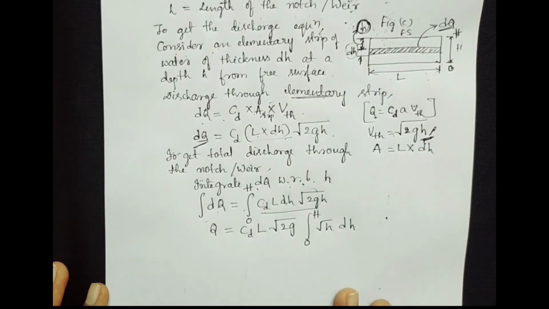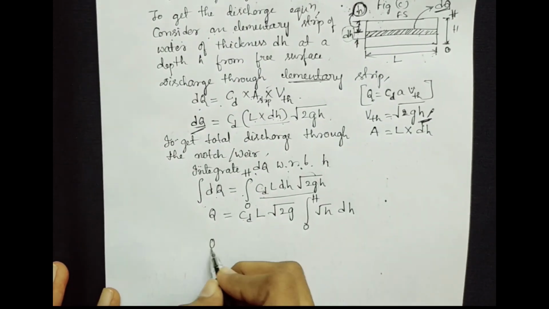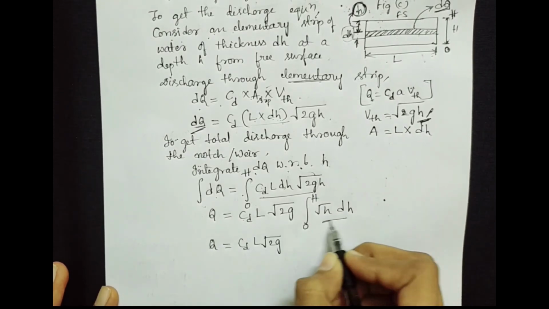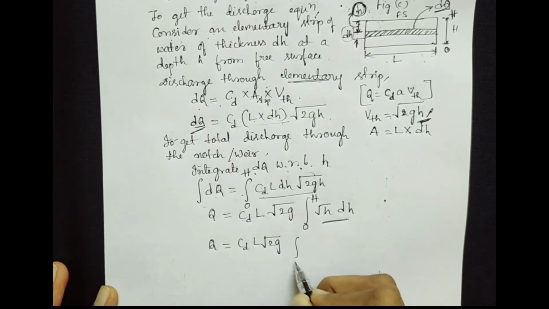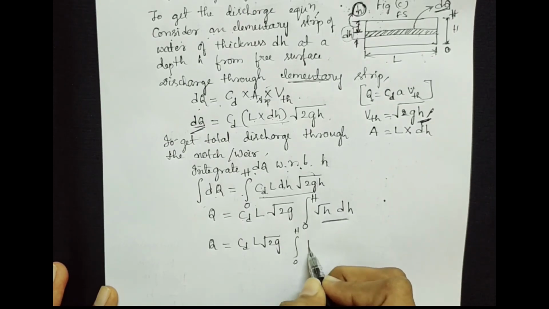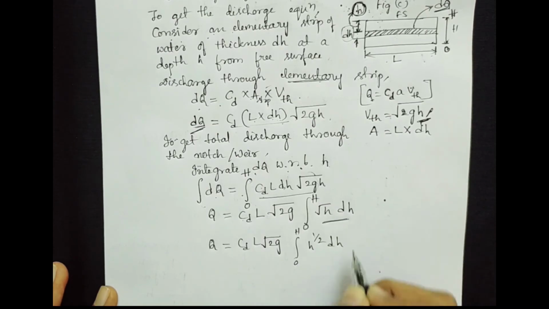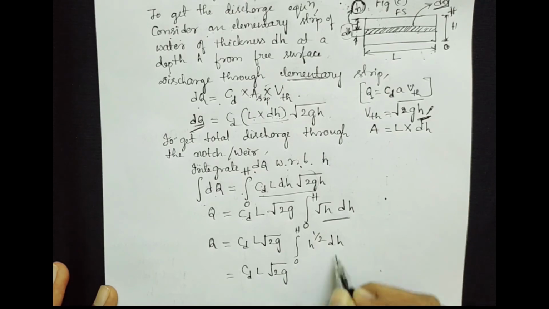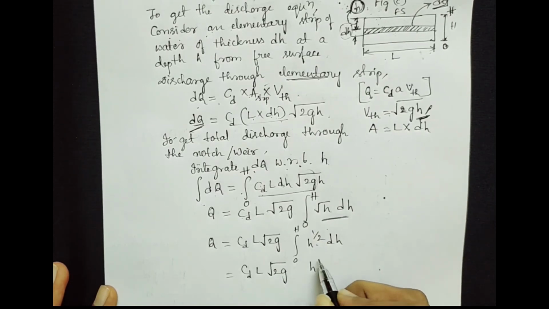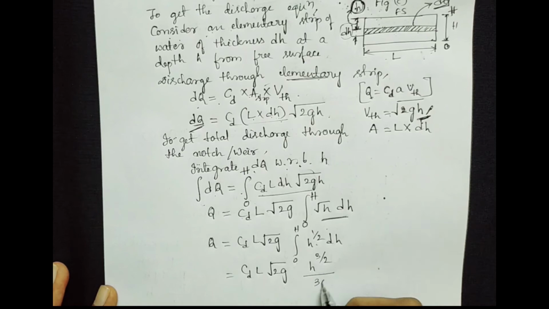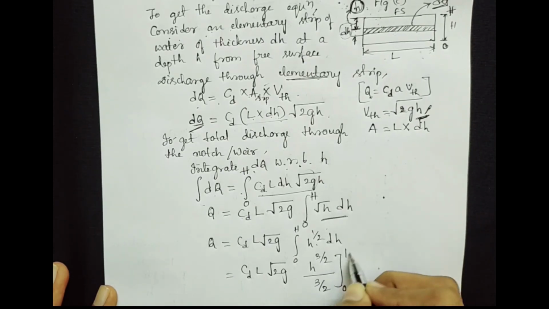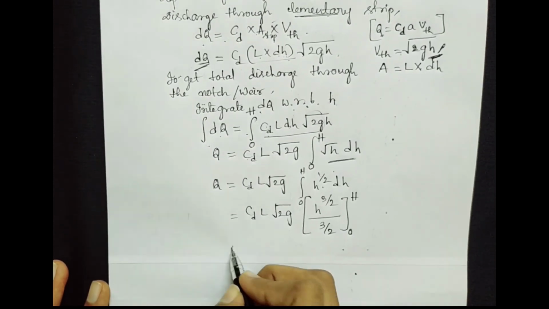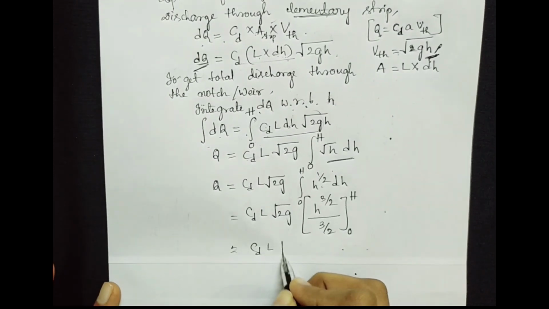Now integrate root h with respect to h. Root h is h to the power 1 by 2, and the integral of h to the power 1 by 2 is h to the power 3 by 2 divided by 3 by 2, with the limits 0 to H. Now apply the limits to Cd L root 2g.